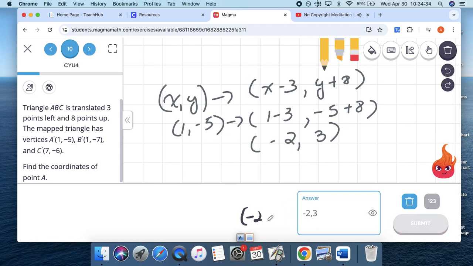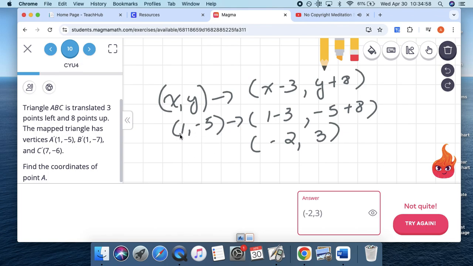All right, let me write it like this. Okay, confirm the points. 3 points to the left, which means x minus 3, and 8 up, y plus 8. And we're talking about point A and A only.